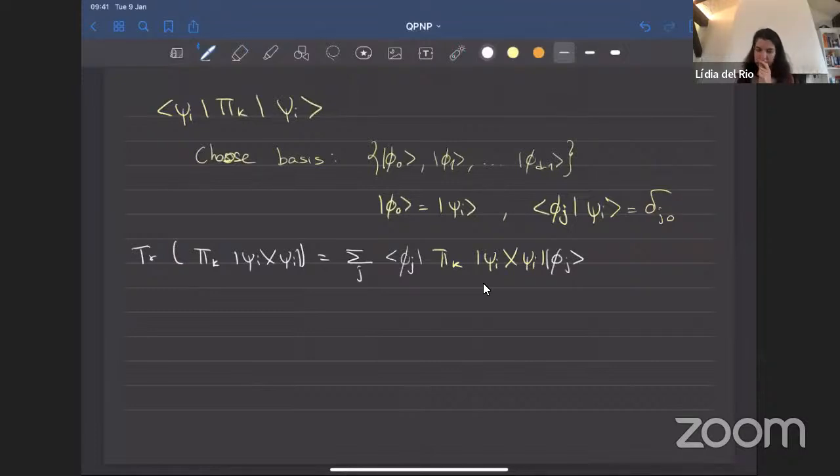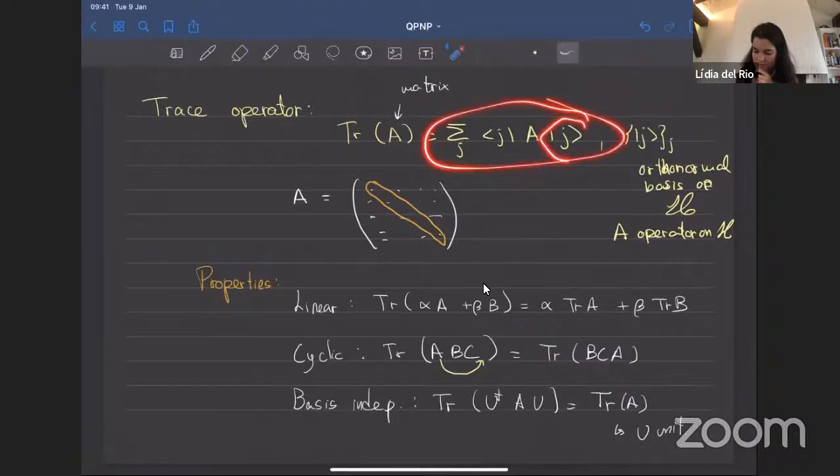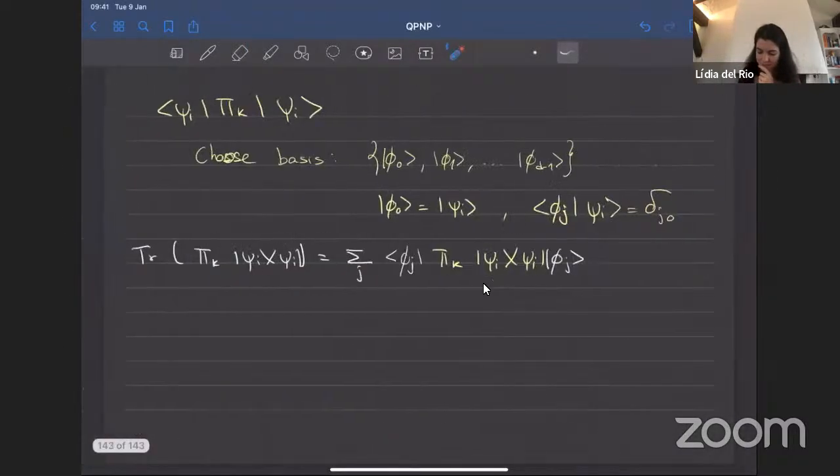This is just the definition of trace. I chose this special basis j such that my state of interest is one of the elements.